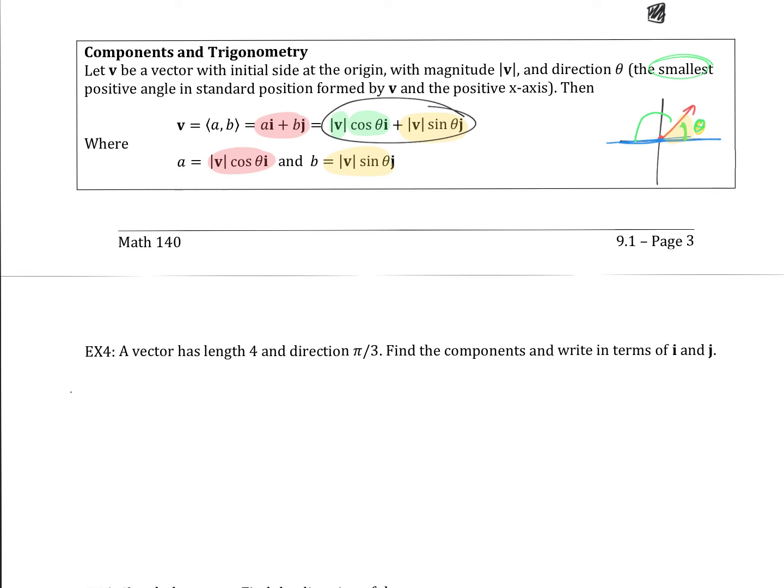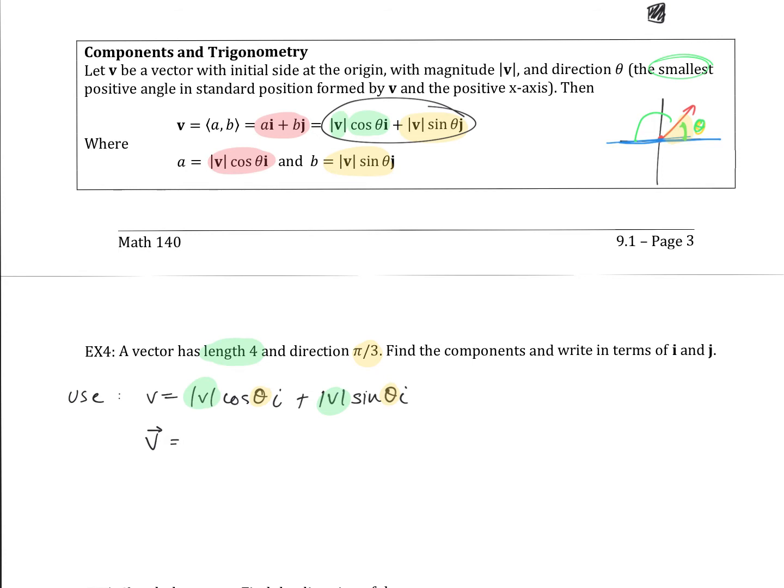So let's use v equals the magnitude of v cosine theta i, plus the magnitude of v sine theta j. Now what is our magnitude? It doesn't state what the magnitude is, but be careful. Remember, length and magnitude are the same thing. So it's a length of 4, which is going to be our magnitude. And then our theta is pi over 3.